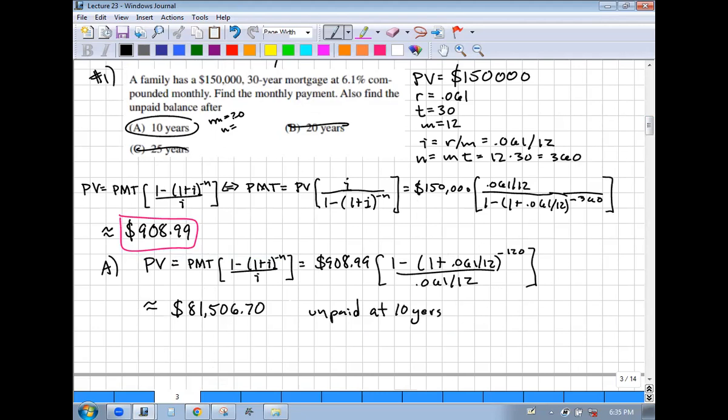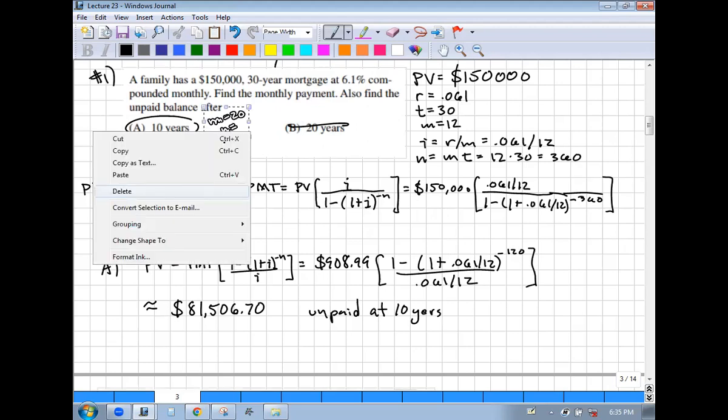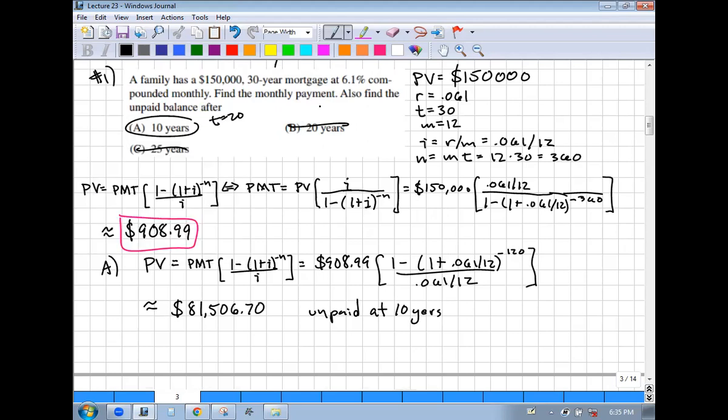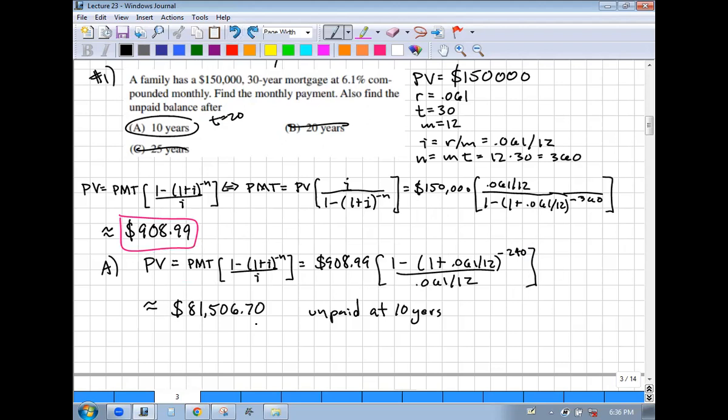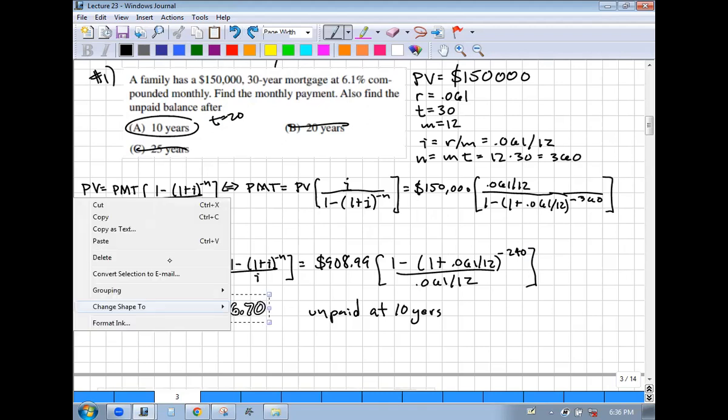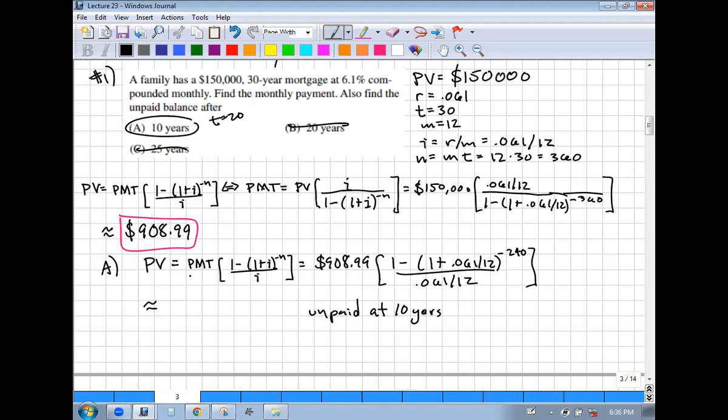So we need the T to be 20 years, right? 20 years monthly payments. So that would be 240. This needs to be changed to 240 because it's 240 periods that we're not paying. All right. So we're using the formula to figure out how much that we wouldn't be paying, right? So this needs to be changed here. Everything else stays the same.